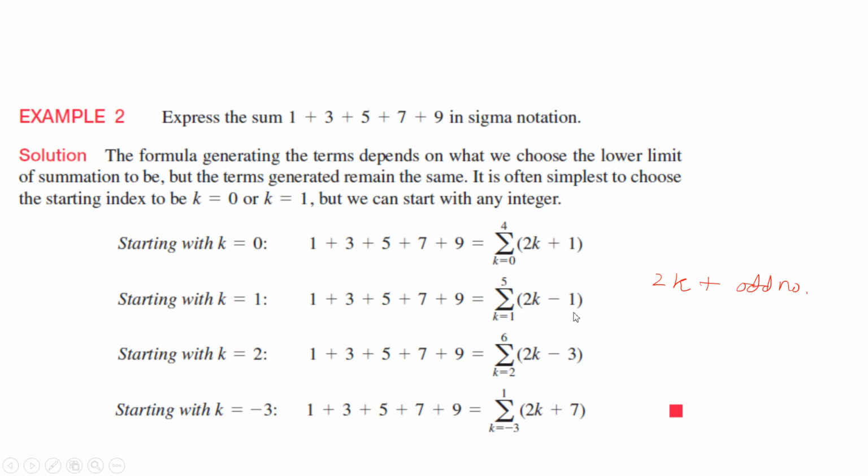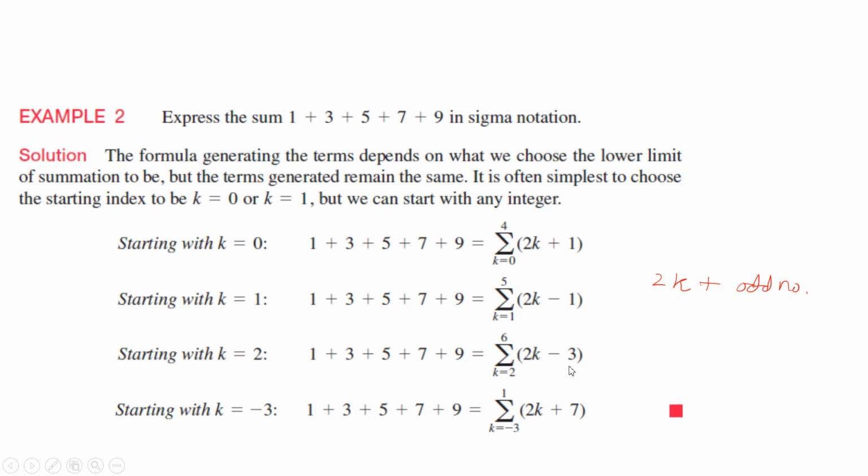Okay, so let's see if it works for every value. For k is equal to 2, 4 minus 1 is 3, and so on. Similarly, if we start with k is equal to 2, 2k becomes 4, and what should we add to make it 1?